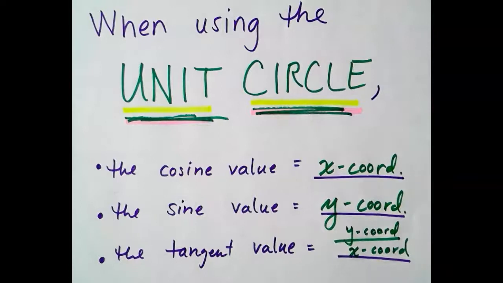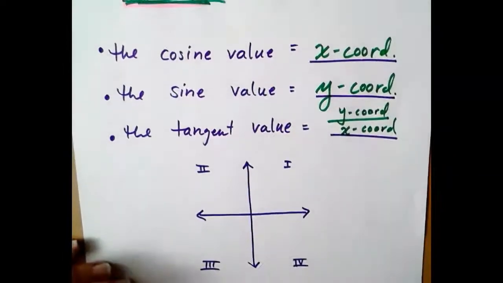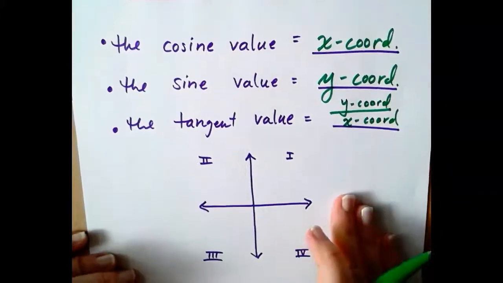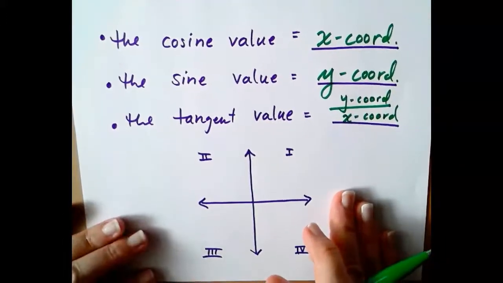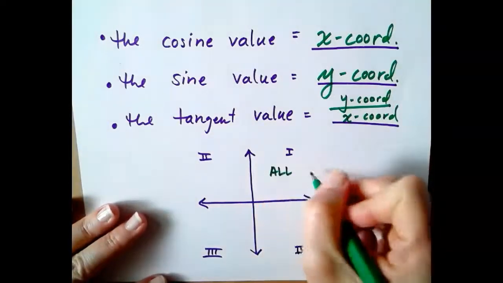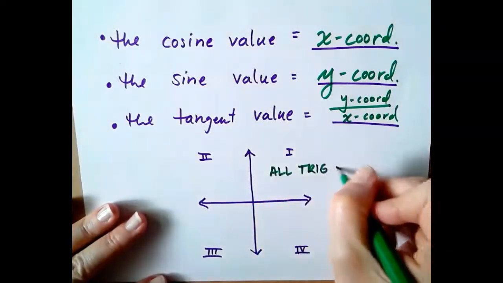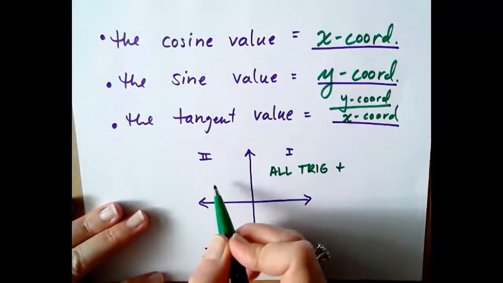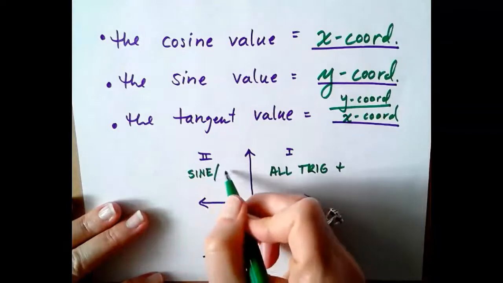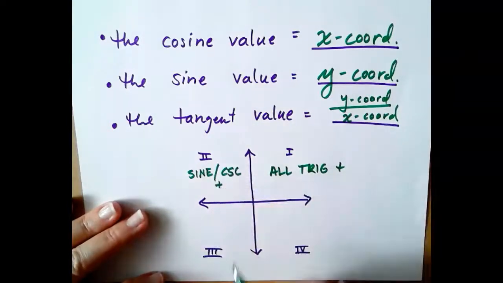Let's get one other thing all reconciled here. When we're in the coordinate plane, what trigonometric values are positive in quadrant 1? All of them. All triggies are positive. In quadrant 2, only the sine and its reciprocal cosecant are positive.